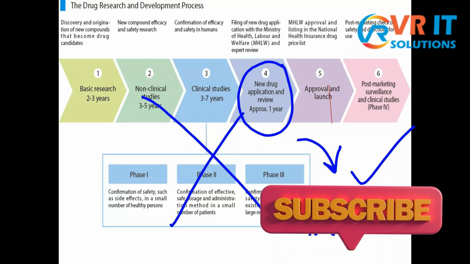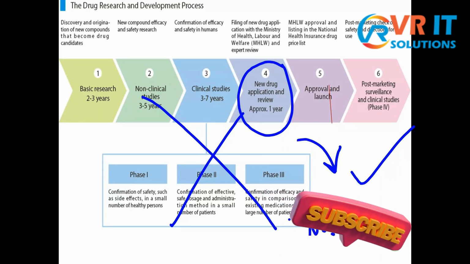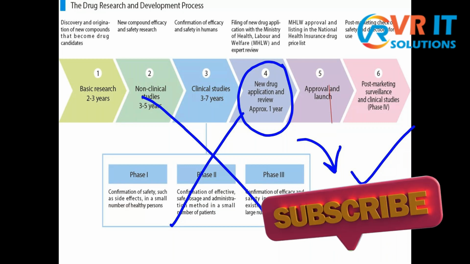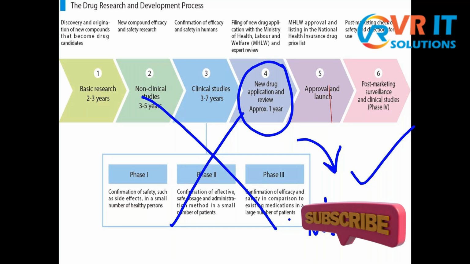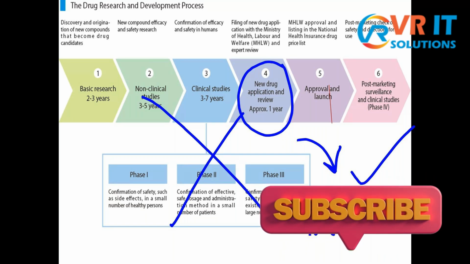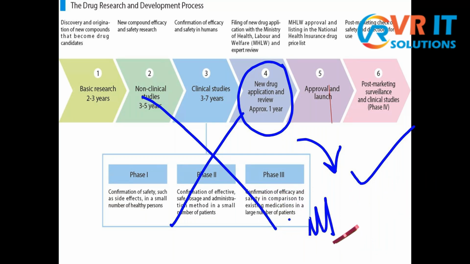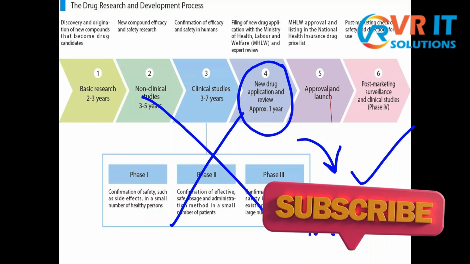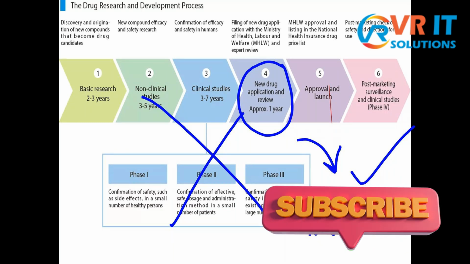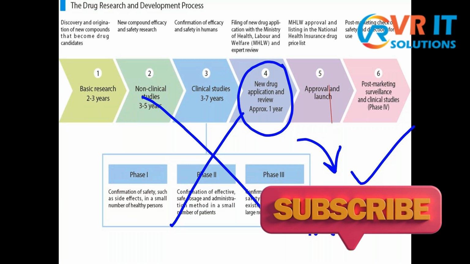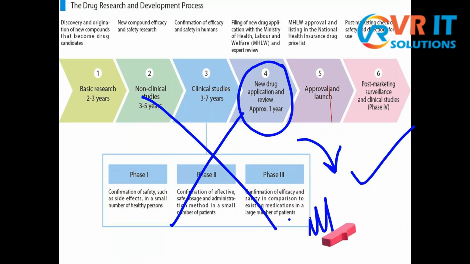And there is post market surveillance as well. After releasing the drug, it will still be surveilled. If you have seen in the news, there is a treatment which was stopped after being used for 20 or 30 years, because it was causing some long term adverse events.